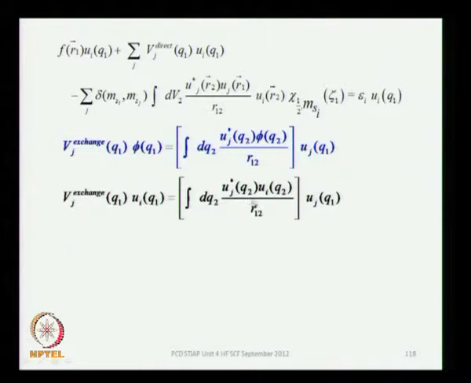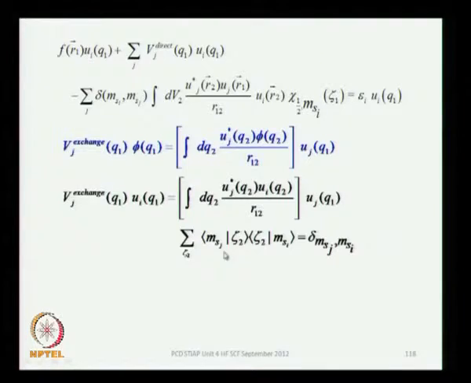This is your definition of the exchange operator, and using this you can see that here again you have an integration over q2, which is a triple integral over the space variables, and a summation over the spin, which can be done separately, because the 1 over r12 does not touch the spin part.